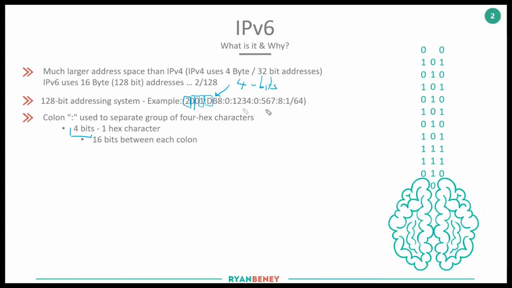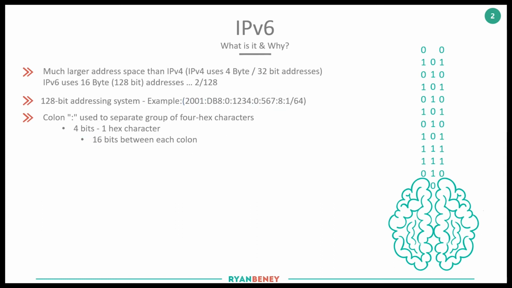If you add up each of these, you again get 128 bits. That assumes that where there's only a 1 represented, there are actually 4 characters in there. So in total there are 16 bits between each colon.